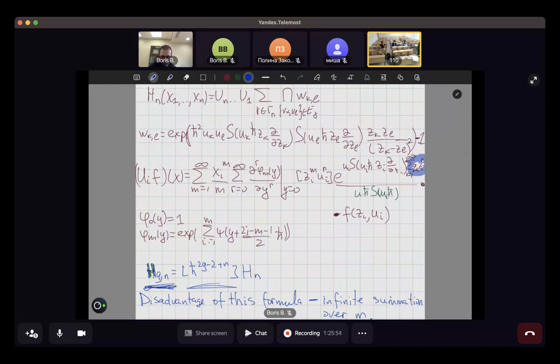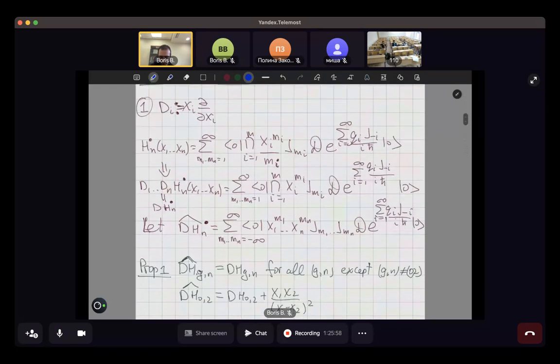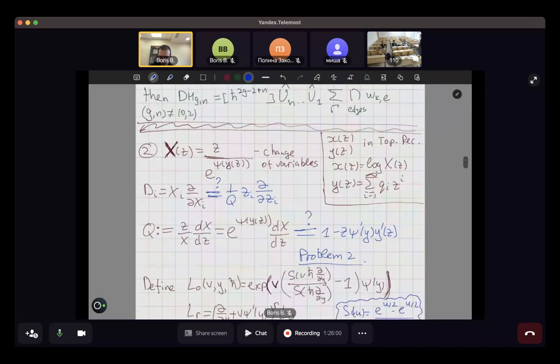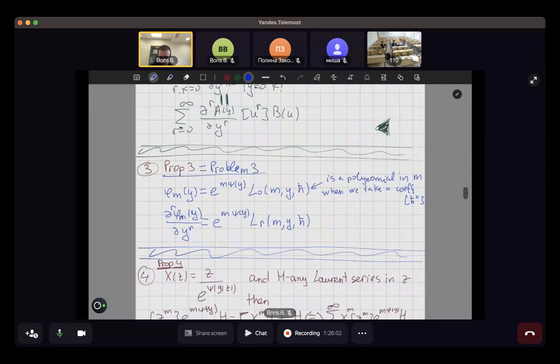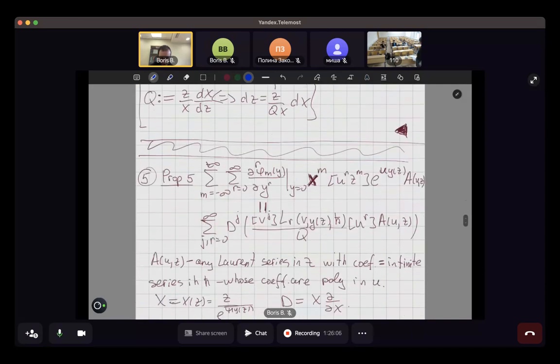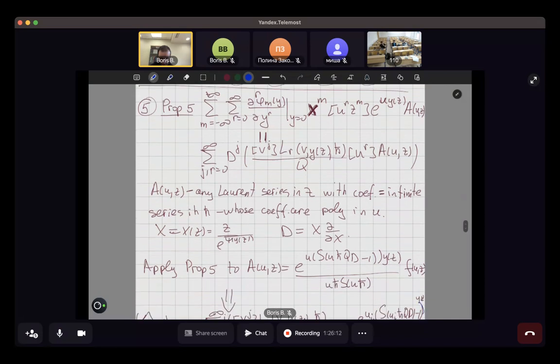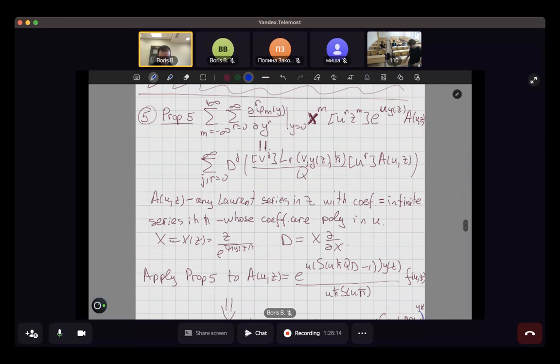Это был бесконечный ряд по X. Сумма по m пропала в шаге 4, и вот здесь пропала эта минус единичка.